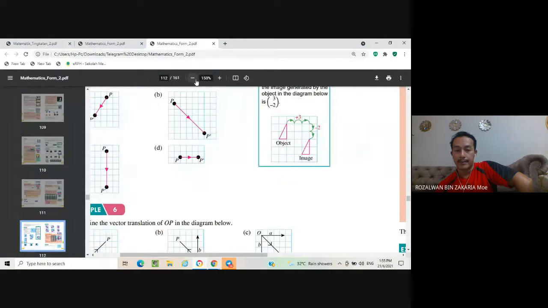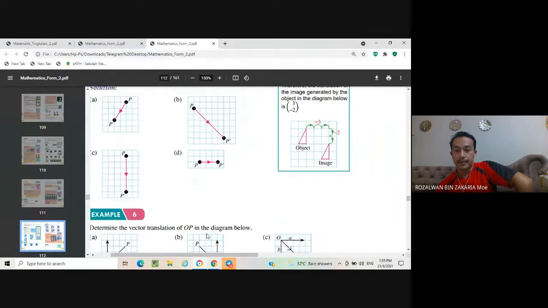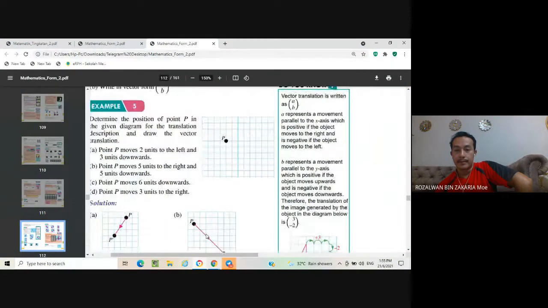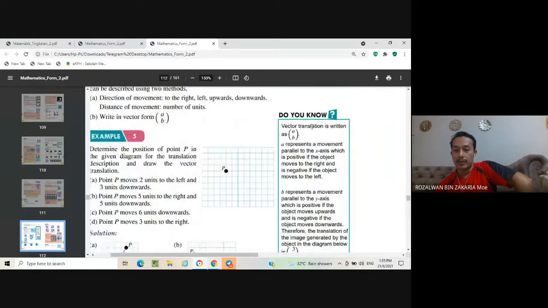Okay, so you can also read here. The vector translation is written in brackets as A, B. A means the movement on the x-axis, B the movement on the y-axis.